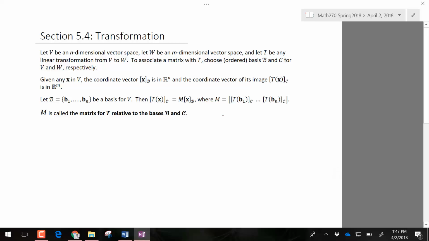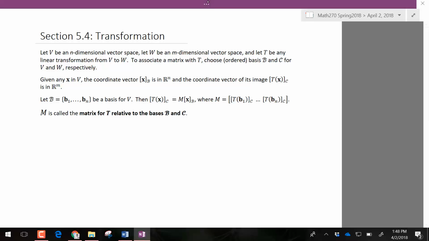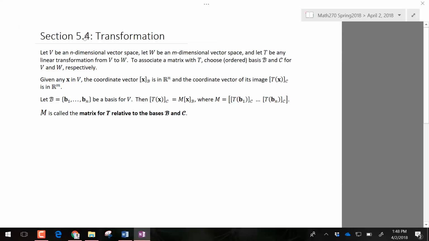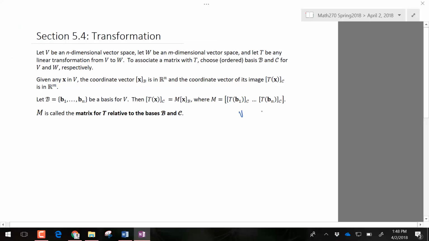So this is a drawing that they have. It's a pretty good drawing. Let's try to draw this in different colors, see if we can match up our V and our W, and there's a linear transformation T here.